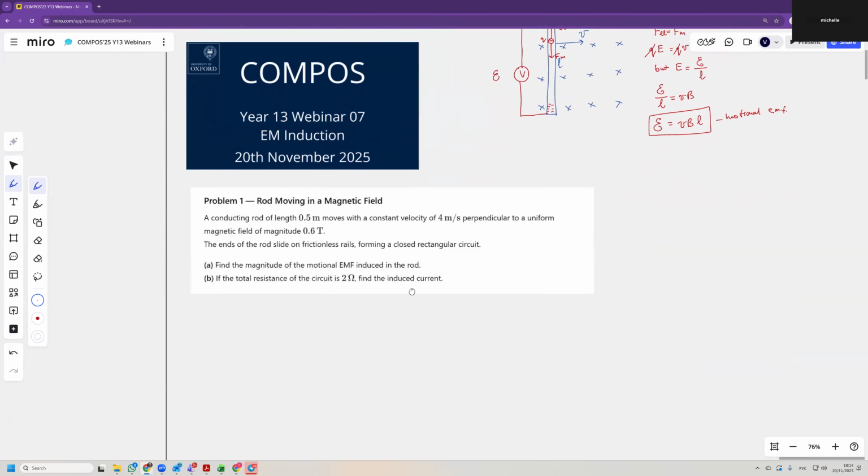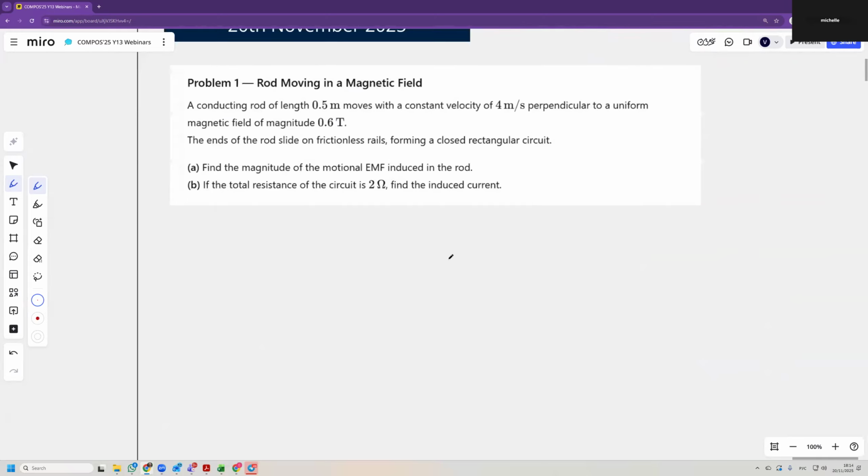Okay, so we have a conducting rod. You can answer in the chat. You have a conducting rod of length 0.5 meters, moving with a constant velocity of 4 meters a second, perpendicular to a uniform magnetic field.